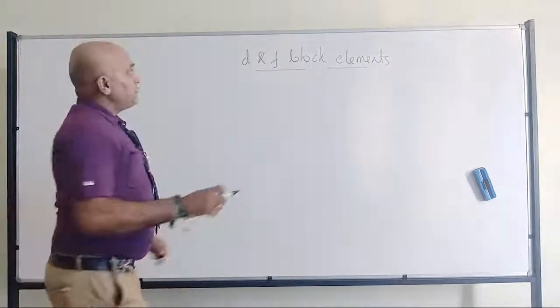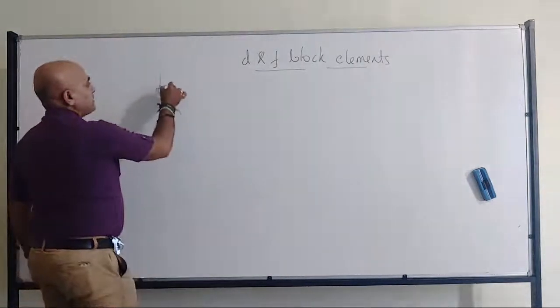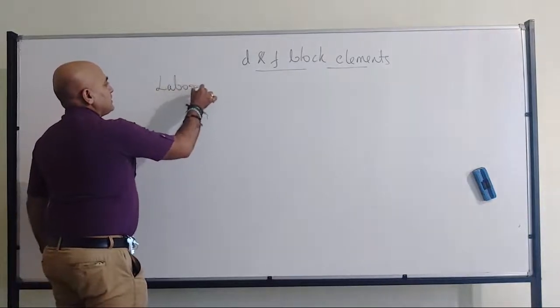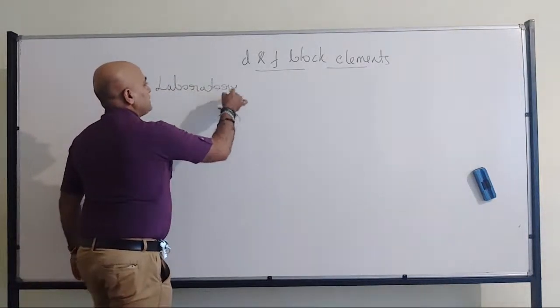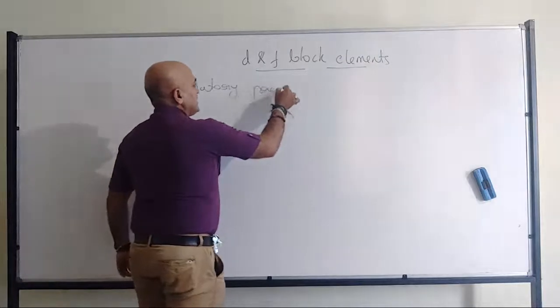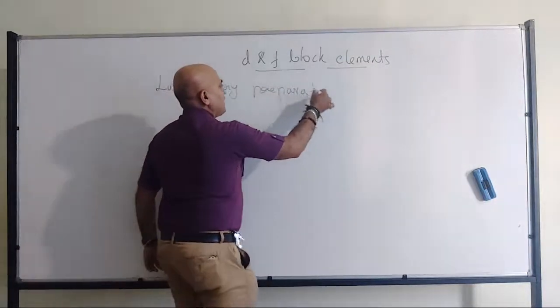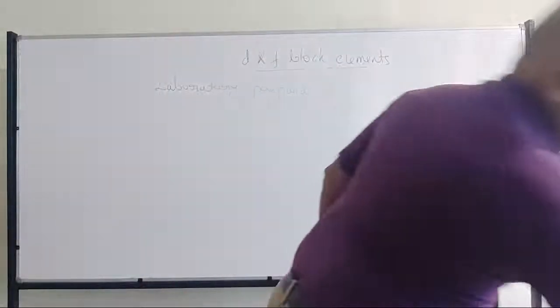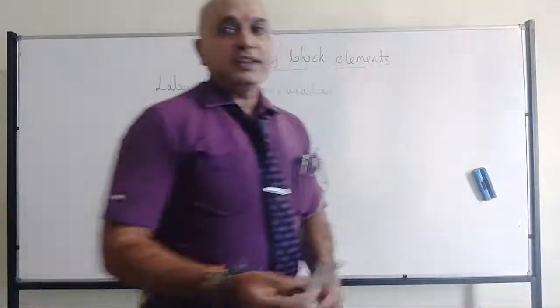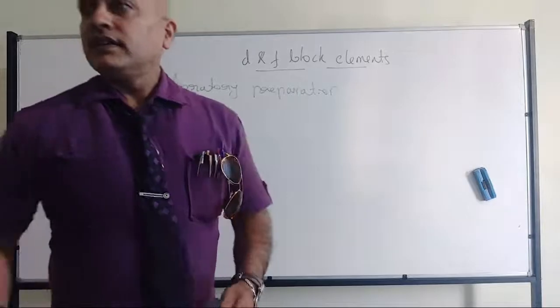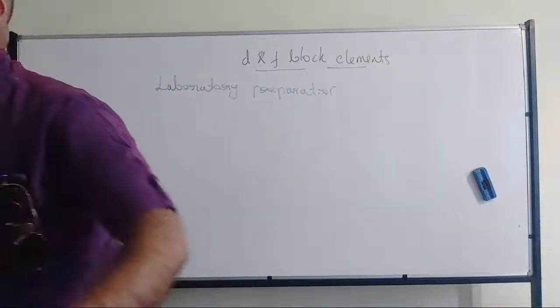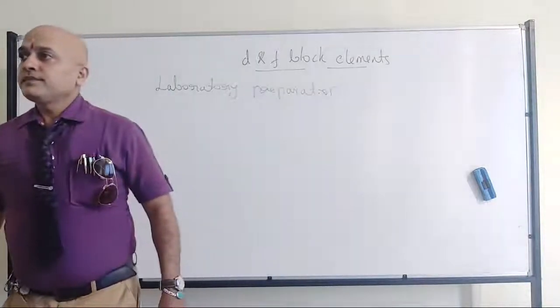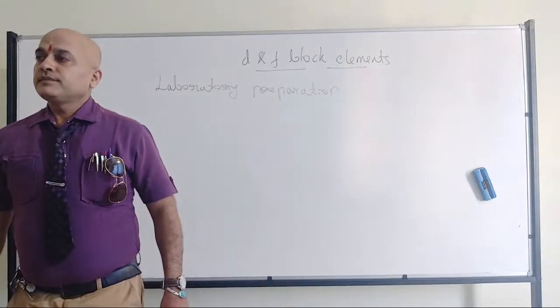Okay. So we will move to the laboratory preparation. Whenever we are talking about laboratory preparation, it can also be considered as small scale preparation. In the commercial preparation, we used potassium nitrate, but we didn't use it in the electrolytic method.